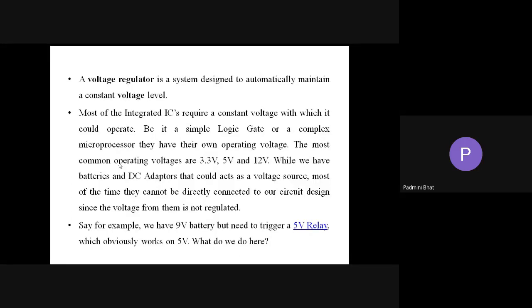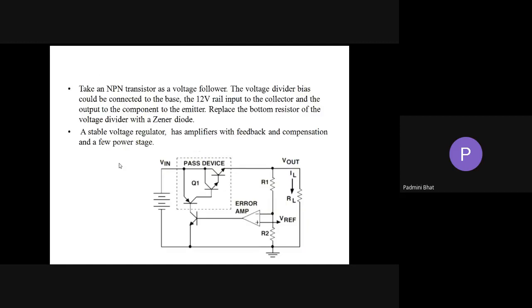If the input current varies, subsequently the resistor drop varies, so the output I get varies. So I cannot use a simple resistor. It is not as simple as we think to get a particular constant voltage.